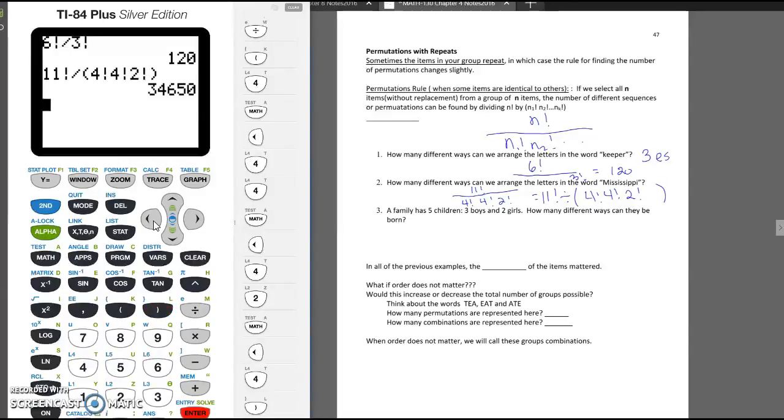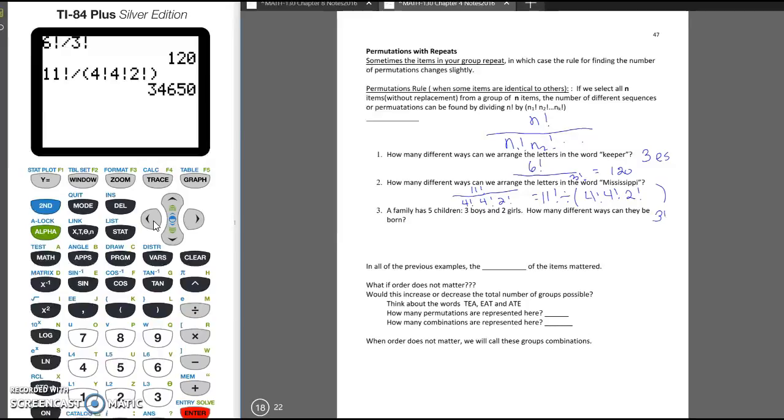And we see that for the word Mississippi, there are 34,650 ways that we could rearrange those letters.